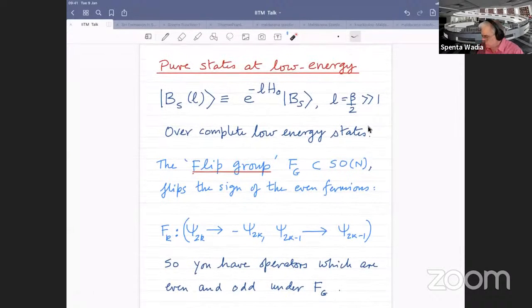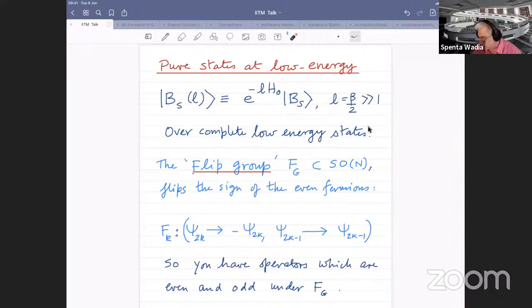Now, I think the merit of doing all this is to understand the connection of the physics of microstates with thermalization. And for that, what we do is we take these states, these B_S states, which are essentially random spins, plus, minus, etc., and make a low energy projection.